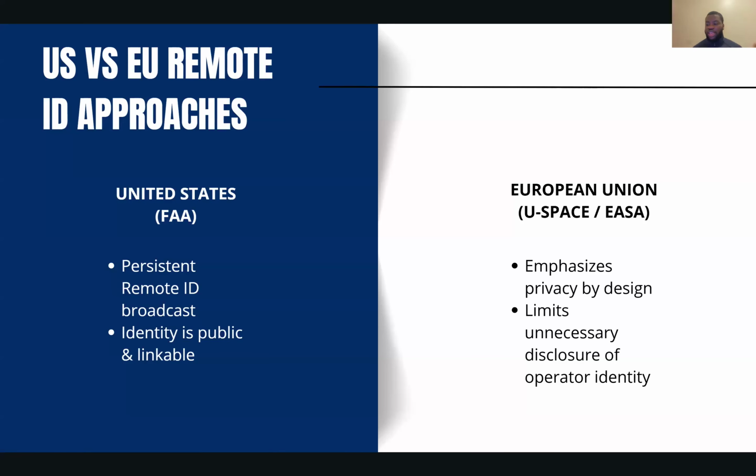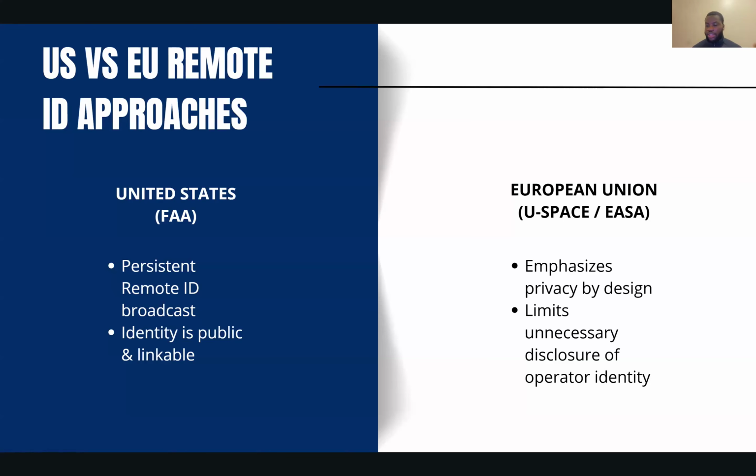Remote ID is basically handled very differently in the US and in Europe. In the United States, the FAA requires drones to broadcast a persistent remote ID for the entire flight. This ID is public and anyone nearby can capture it, which makes it very linkable. In contrast, the European U-Space model puts a stronger focus on privacy by design.